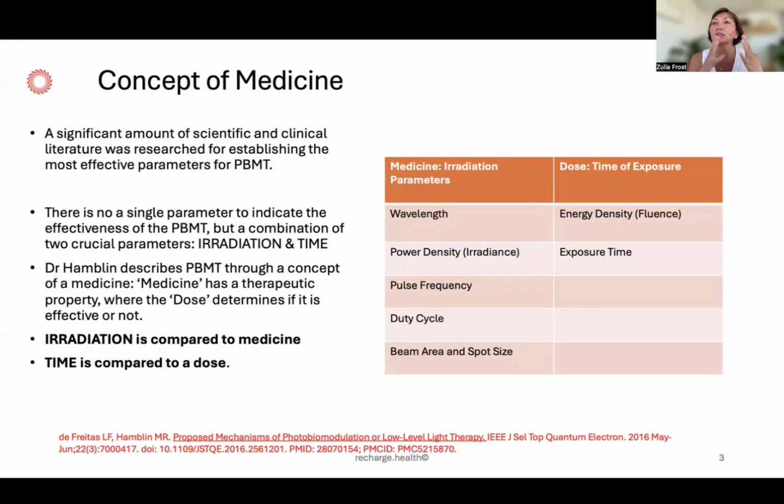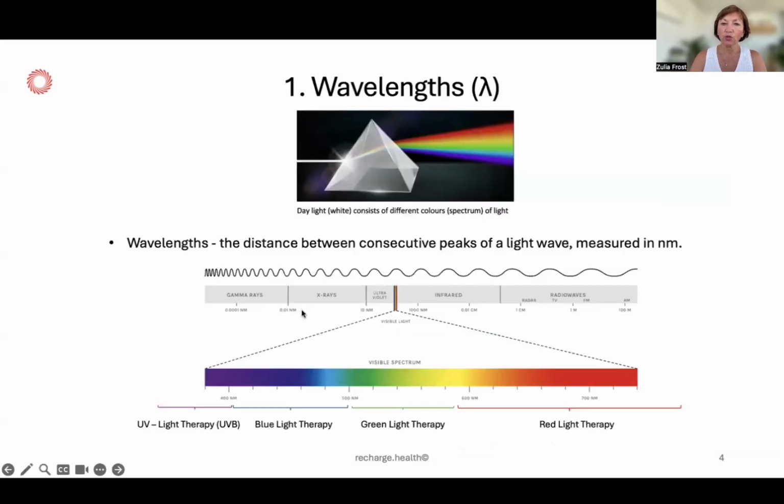This is all irradiation, how we deliver this stimulation. And the second will be a dose. A dose is energy which you pump into the tissues over a period of time in seconds, and overall exposure time. So this is considered to be dose.